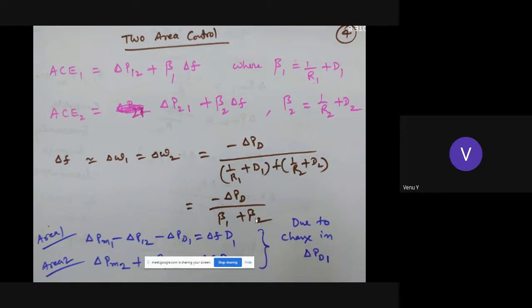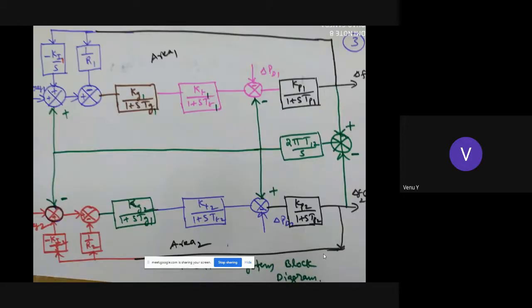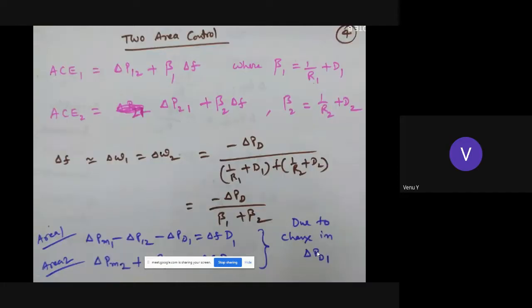This is the change in frequency in the two-area system. Here, suppose delta PD1 is the change in load in the first area, provided delta PD2 is the same, the change in power demand.